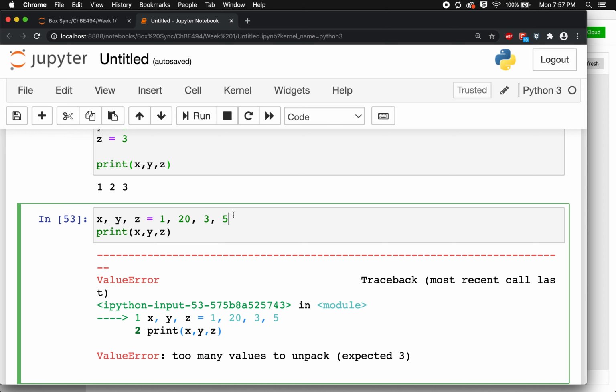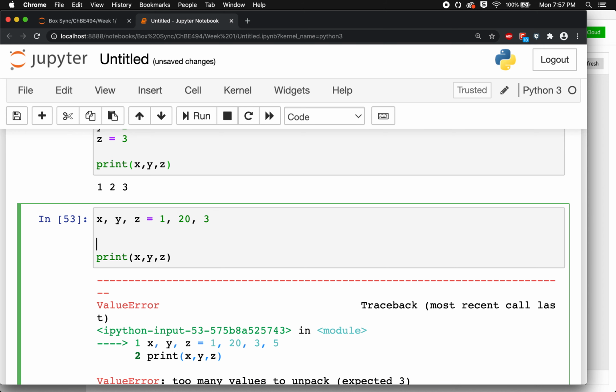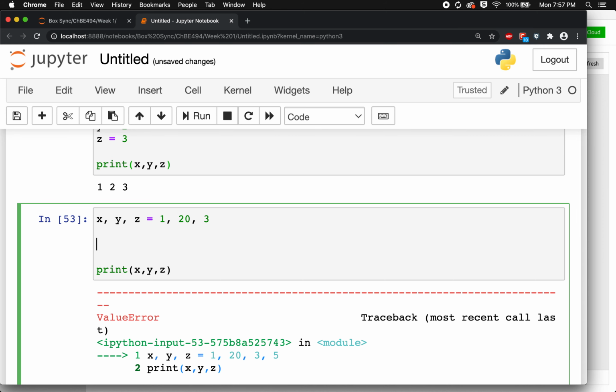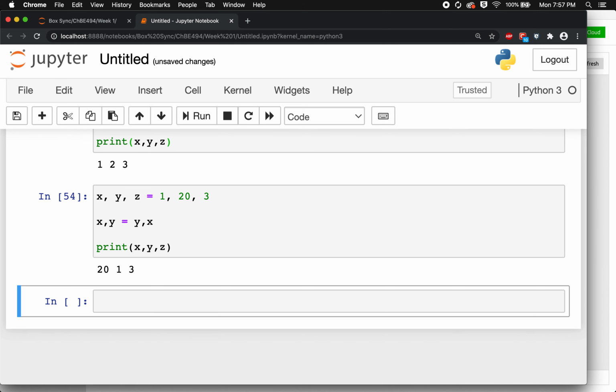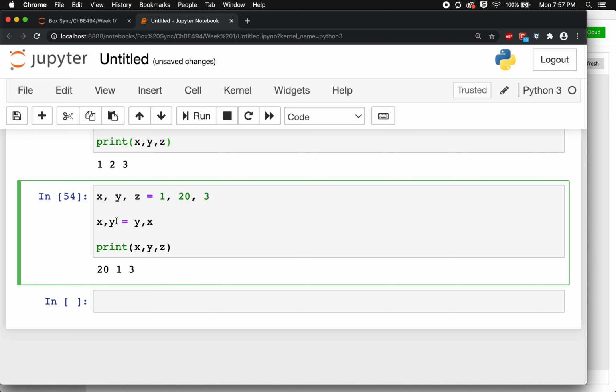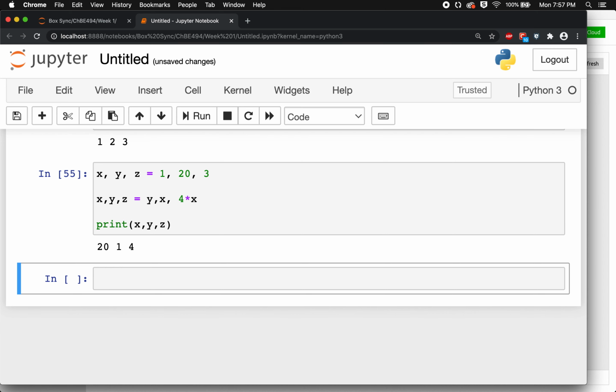So a couple other tricks you can play with this. If I have x, y, z here, maybe I want to swap x and y. So I could say x, comma, y is equal to y, comma, x, right? And now I'm going to swap the value of x and y. I could also put my z here, and maybe also assign z is equal to 4 times x, right?